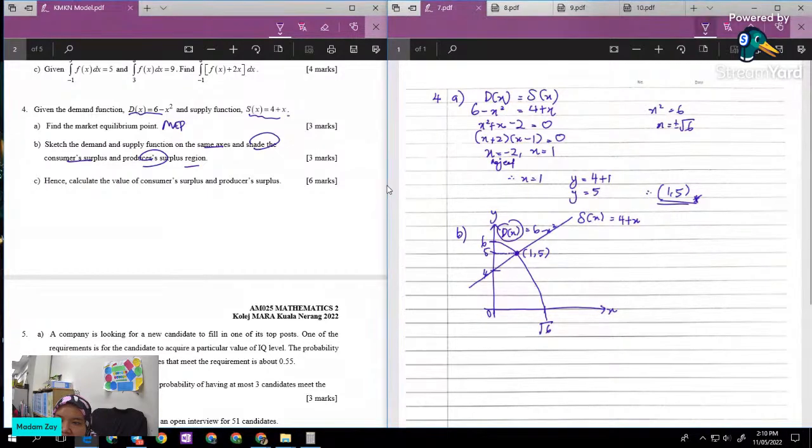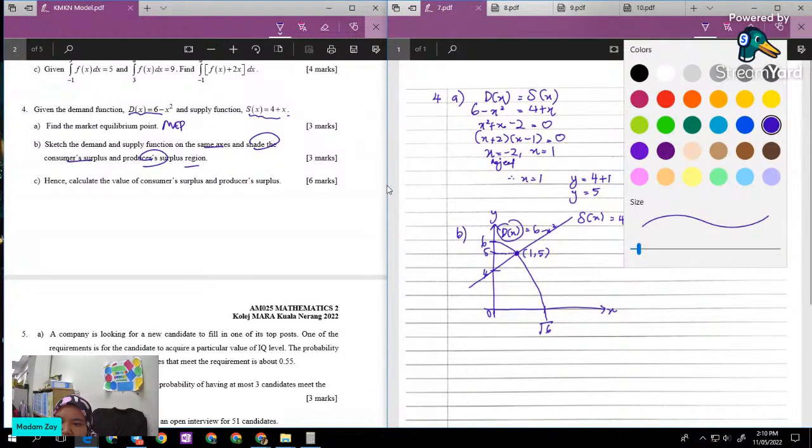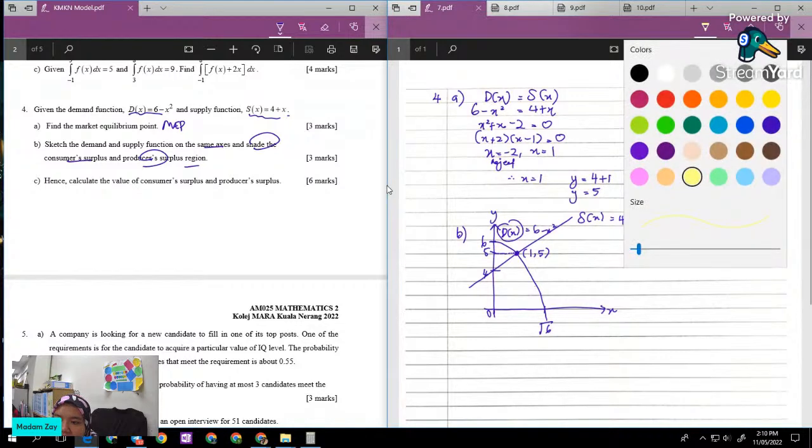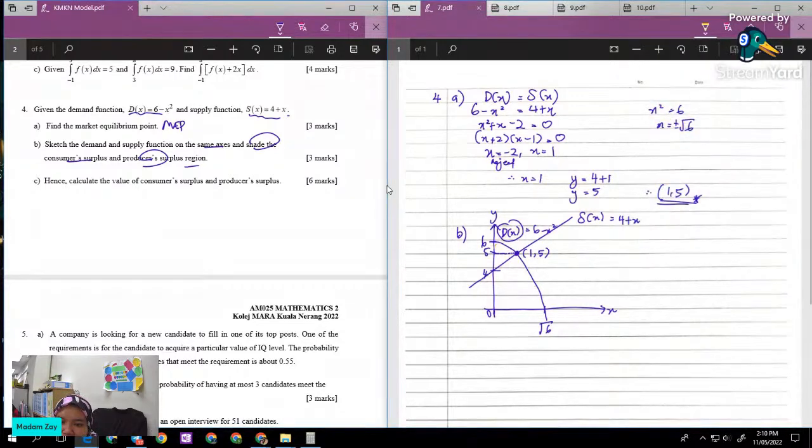So kalau kita sketch dia, saya guna marker warna oranye ni. Okay. So ni adalah kawasan apa? Demand mesti dengan siapa? Dengan consumer. Siapa yang demand? Consumer kan? Pengguna tu. So this is a consumer surplus lah. CS. So labelkan dia, shadekan dia.